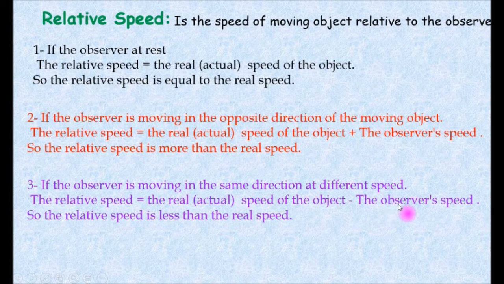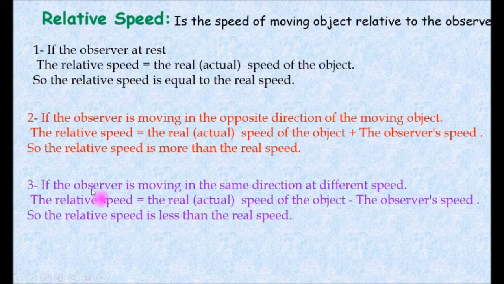In this case, 100 minus 100 equals 0. So the observer will see the other car as a stopped car, or it doesn't move. Why? Because in this case the relative speed equals 0.